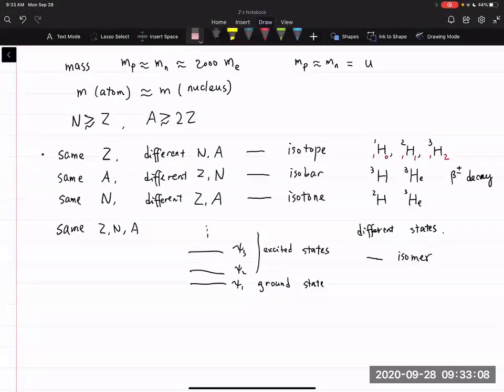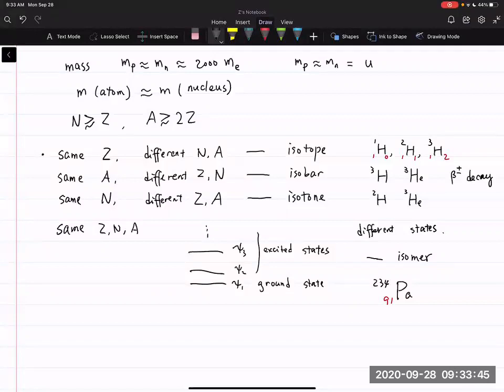You can say Pa-234. You can look up the periodic table and find out the atomic number is 91. For this element we have Pa-234, but 234 only indicates the total number of nucleons. So this nuclide can have more than one excited state.